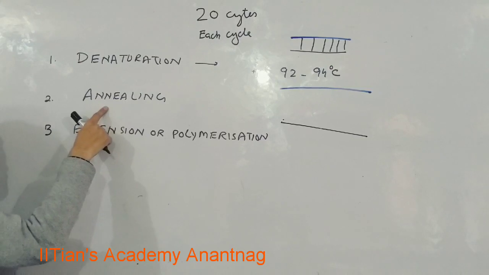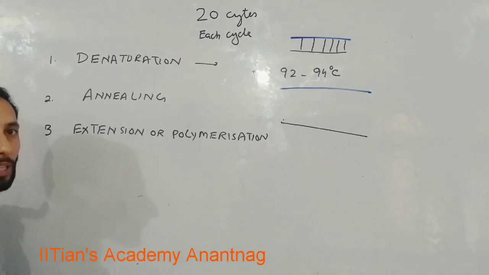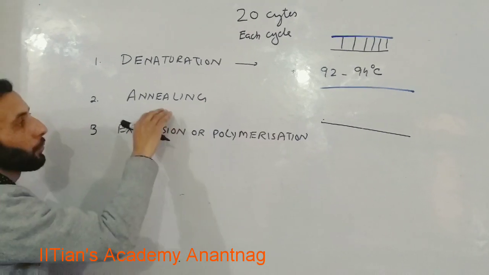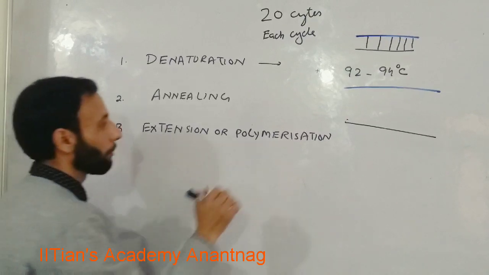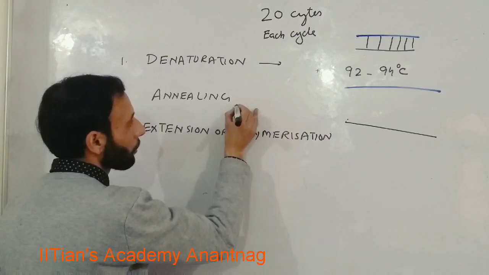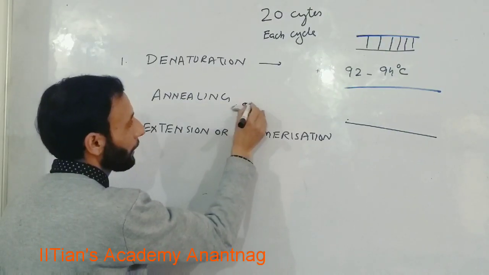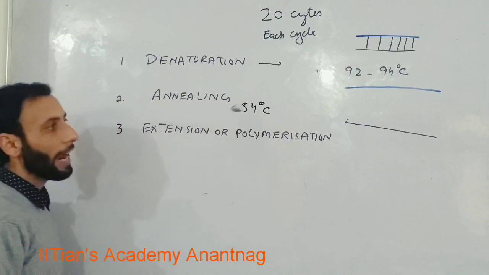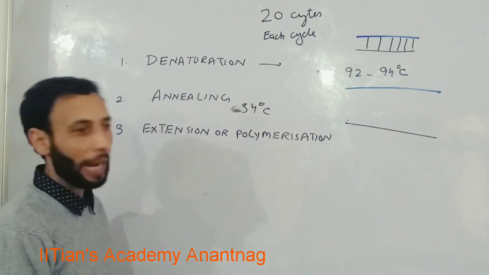The second step is done at a lower temperature. Now we will lower the temperature to some 54 degrees centigrade. At 54 degrees centigrade, we will add the primers.